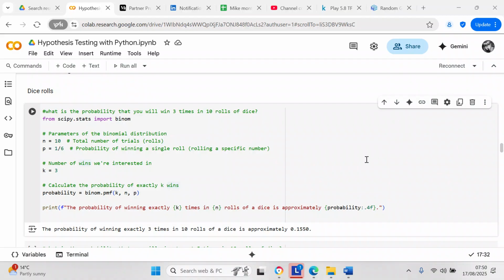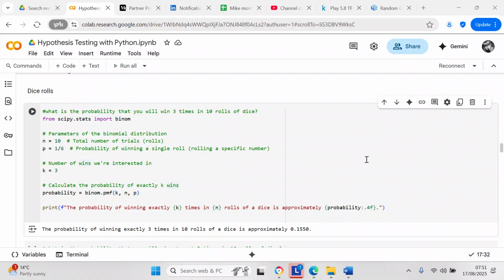To write the program, we have to import SciPy, which is Python's scientific library. So from scipy.stats, import binom. SciPy is the scientific library, stats is a statistical module within SciPy, and binom is the distribution we're going to use to actually solve this problem.